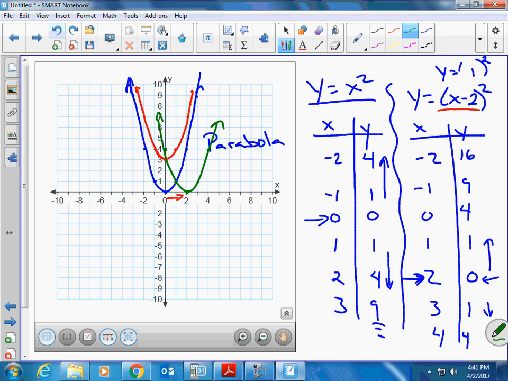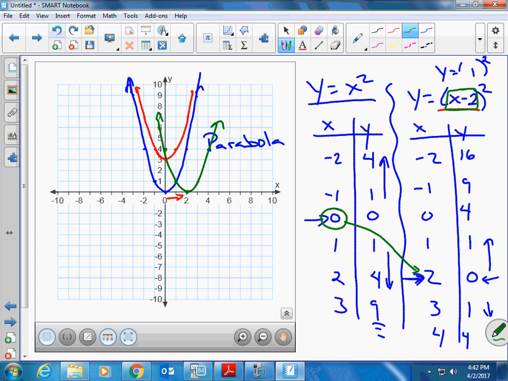X minus 2 actually really does move my graph to the right 2. Why? In order for my x value to be 0 like it is here, because of me subtracting 2 from the x's before we square it, we have to input values that are 2 numbers bigger than what it was in this other graph.